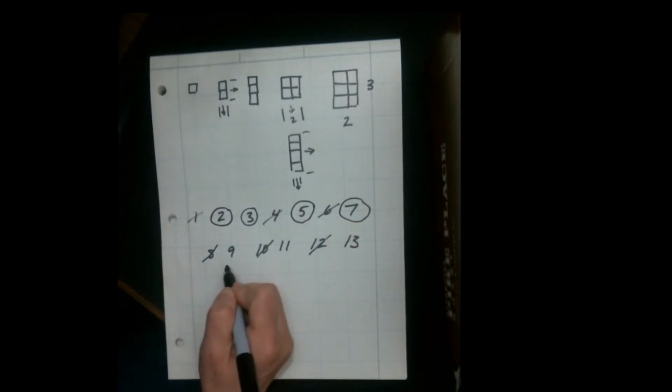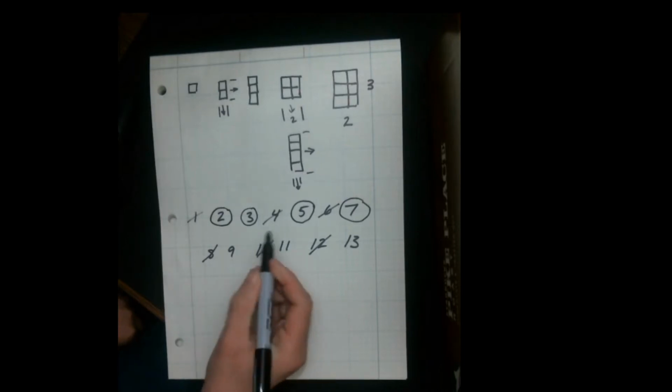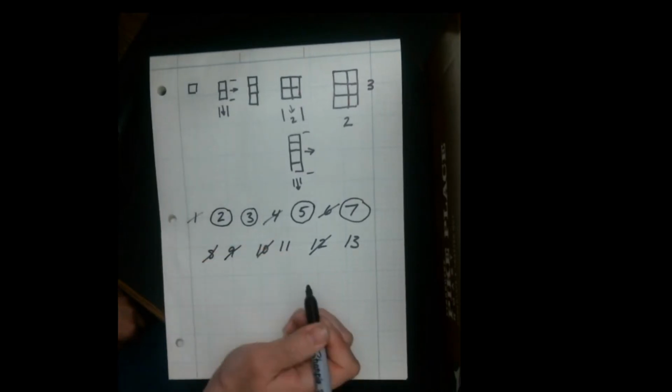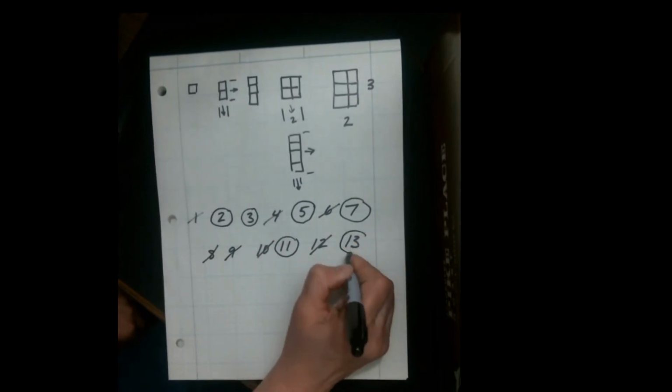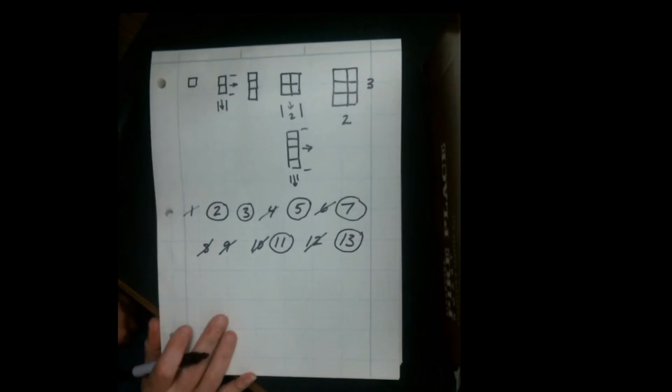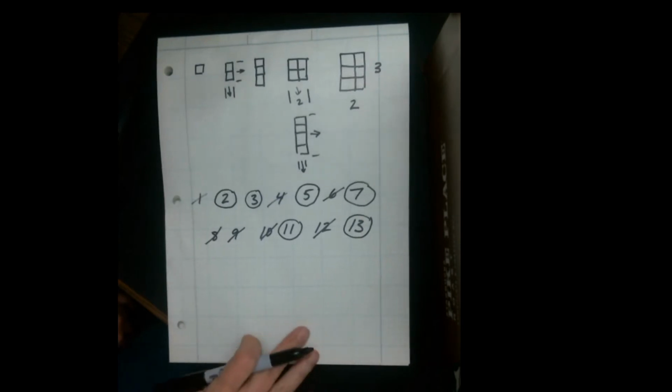Now 9 is odd, so it didn't get crossed off yet, but 3 times 3 is 9, so 9 is not prime. And 11 can only be divided by 1 and 11, and 13 can only be divided by 1 and 13. So those are the first 6 prime numbers.